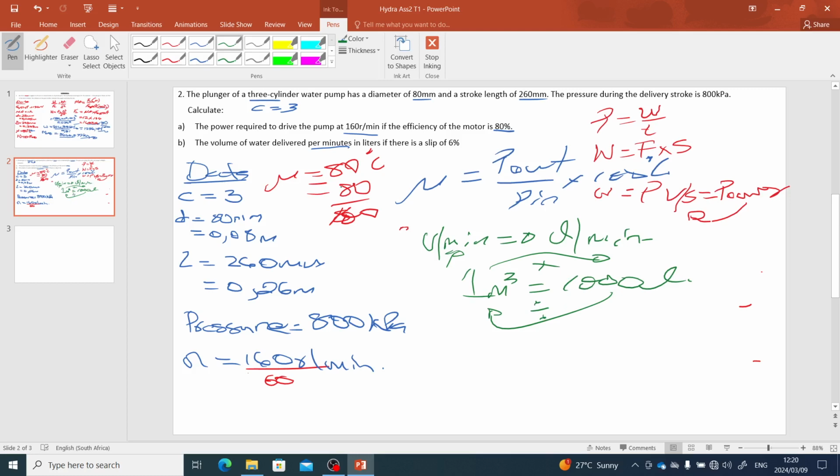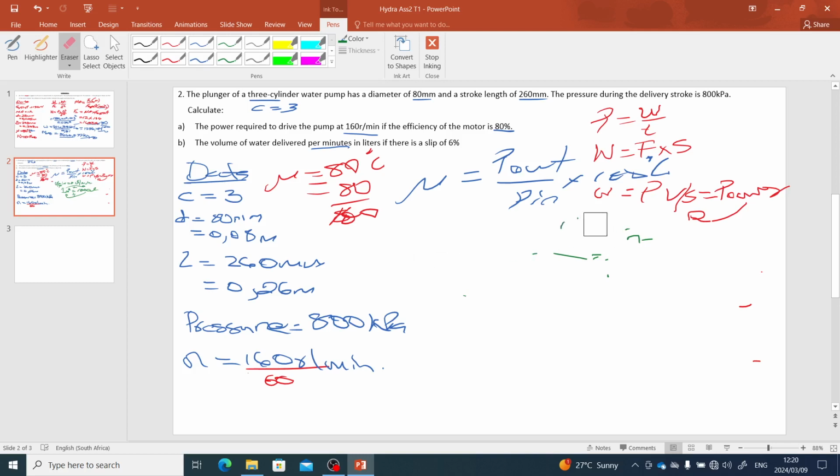Now, this is the route that will be taken to calculate that. Volume per minute equals area, stroke length, number of cylinders, multiplied by n per minute.